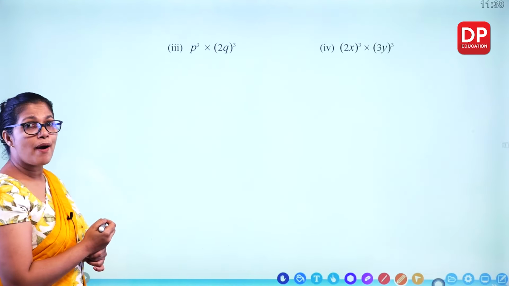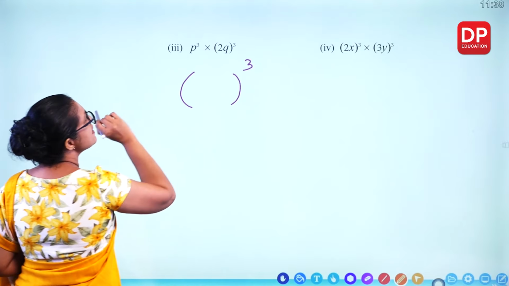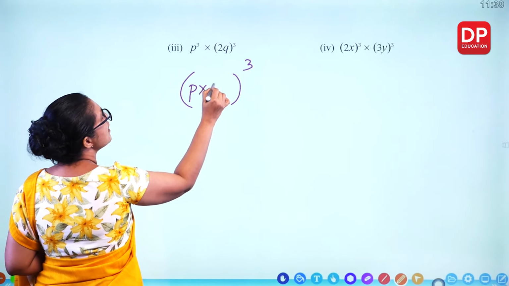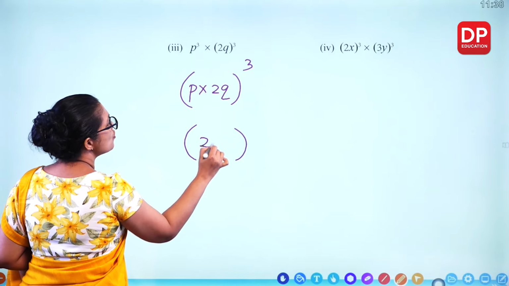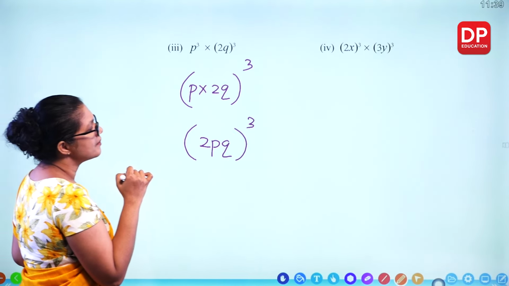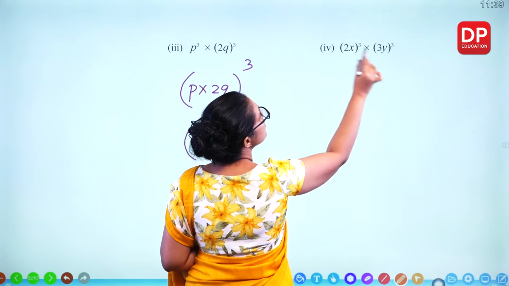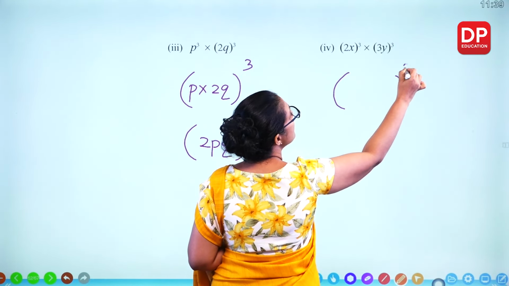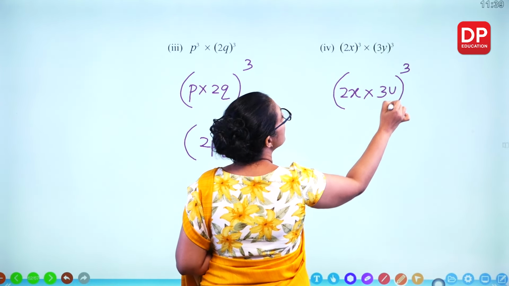This one, same power of 3. What's inside? P and 2q. So when you write in order, (2pq) to the power 3. This one, same power 3, 2x and 3y.